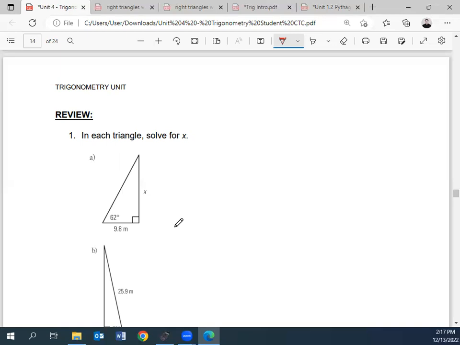I have an adjacent side, I'm trying to figure out what the opposite is. So yeah, you're right. So opposite over adjacent, right? So I need to try and do both sides. So tell me, to do that.